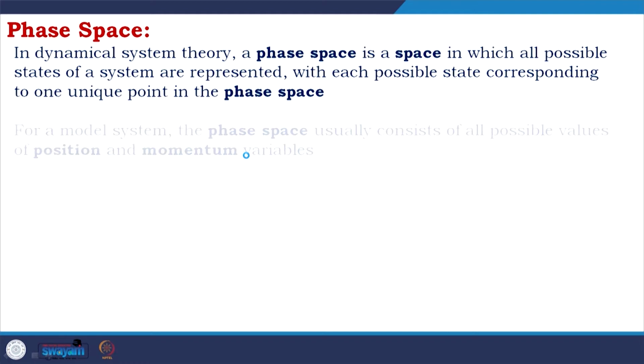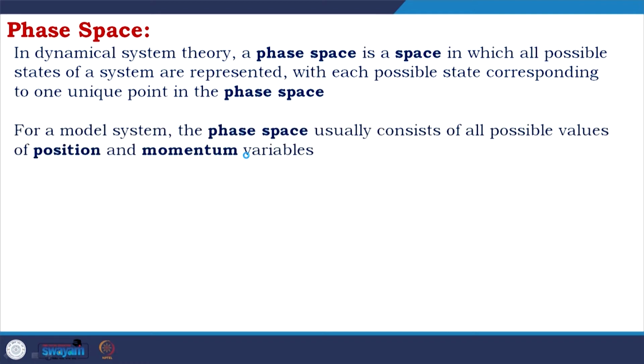Let me explain a little bit. Before that, for a model system, the phase space usually consists of all possible values of position and momentum variables. So, for the model system, we are looking at the position and momentum.